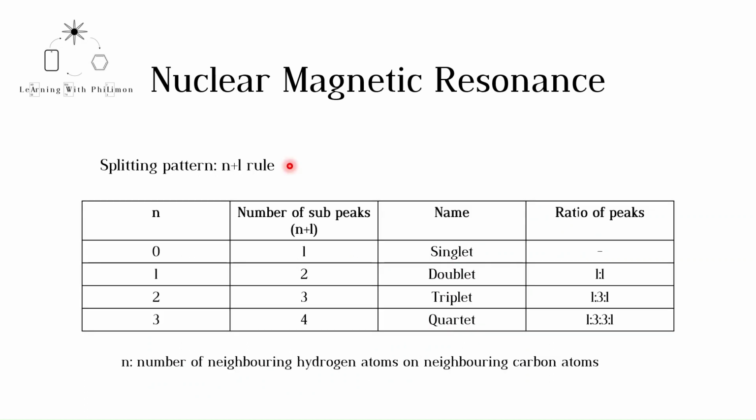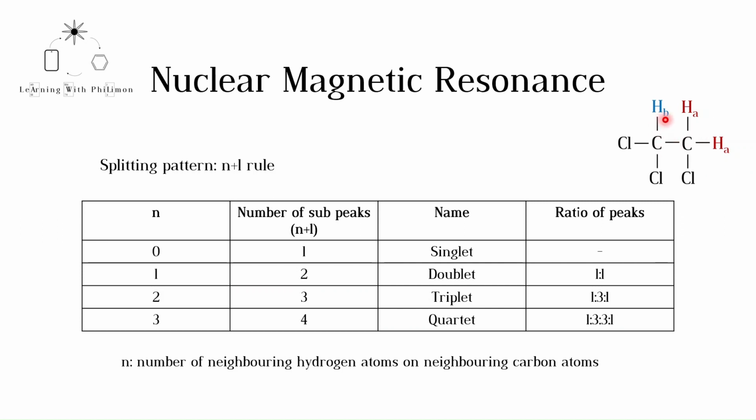The splitting pattern that you will observe for a molecule can easily be predicted using the n+1 rule. N stands for the number of neighboring hydrogen atoms on the neighboring carbon atoms. If there are no neighboring hydrogen atoms, the signal will appear as a single peak. If there is one neighbor, we will see a doublet. This was the case for HA in our previous example. The HA nuclei have one neighboring hydrogen, HB.